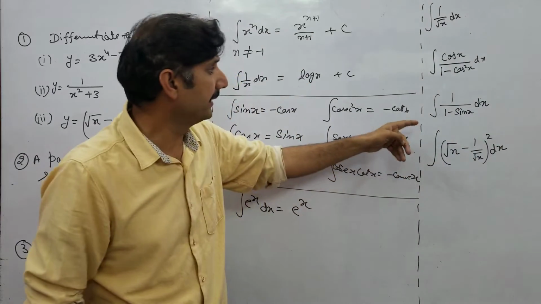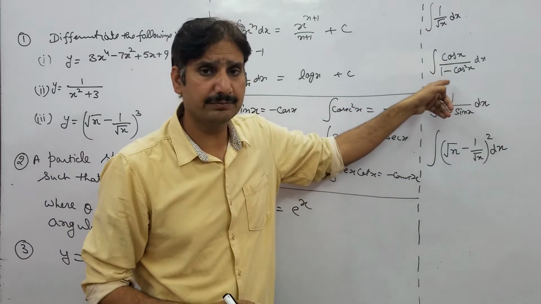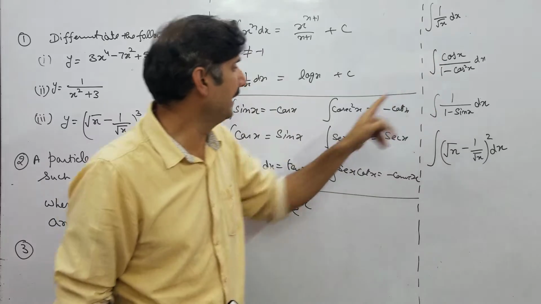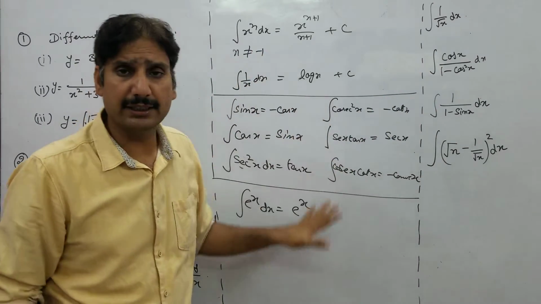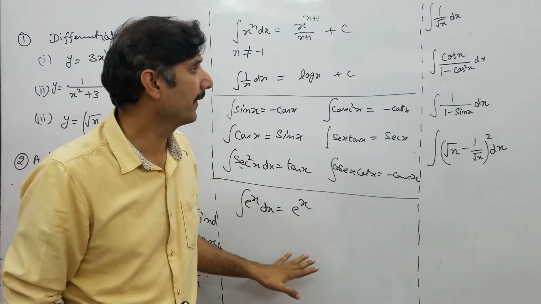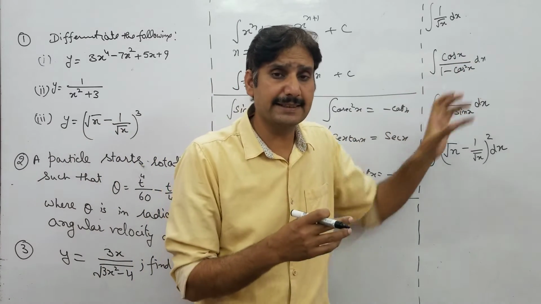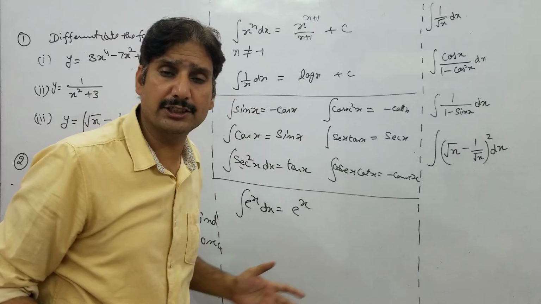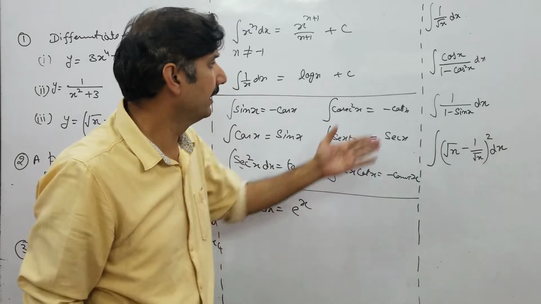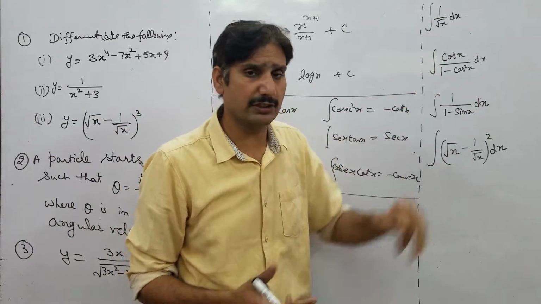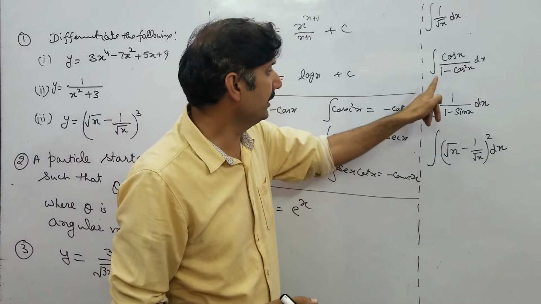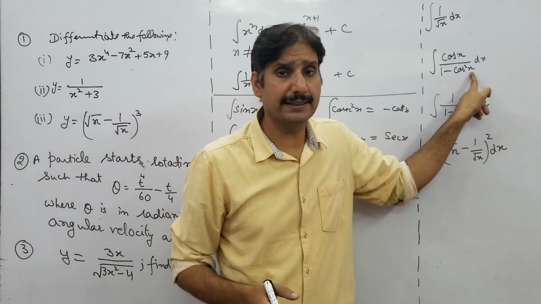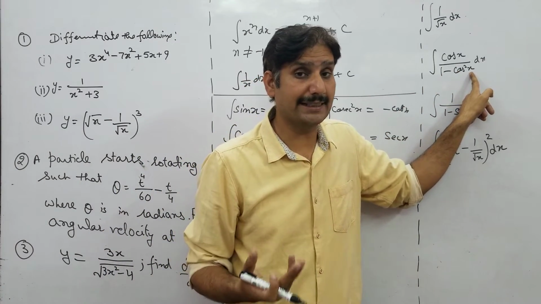For example, in this case, what you should try. No formula given to you earlier applies directly, so you need to change this to something similar to the formulas you know. How would you do that? Let's say this is cos x over 1 minus cos square x. 1 minus cos square x is basically sin square x.